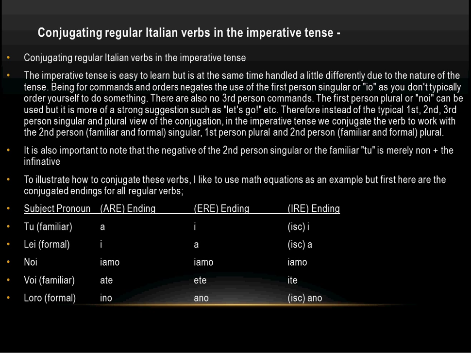And then for the lei in the ere and the ire, it's a instead of e. And then the loro is a little bit different. For are, it's ino instead of ano. And for the other two, it's ano instead of ono. If you can remember those differences, this is actually a very easy conjugation. Okay, let's take a look at some individual examples.